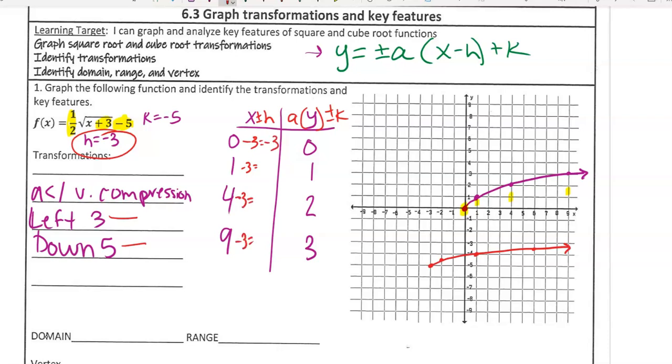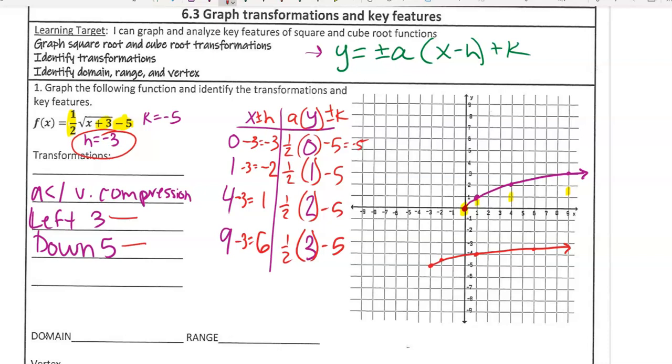0 minus 3 is -3. 1 minus 3 is -2. 4 minus 3 is 1, and 9 minus 3 is 6. All right, this last one. Now our a value is 1/2, so we're multiplying everything by 1/2, and it says down 5, so -5. Half of 0 is 0, -5 is -5.